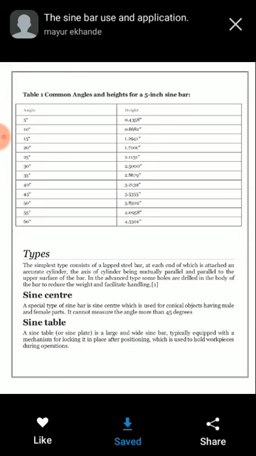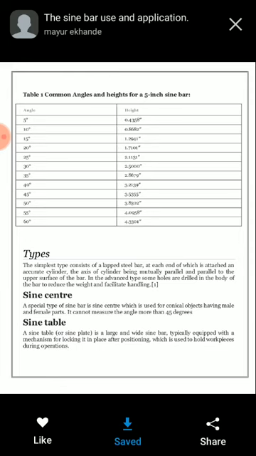The simplest type consists of a lapped steel bar at each end of which is attached an accurate cylinder, the axes of the cylinders being mutually parallel and parallel to the upper surface of the bar.